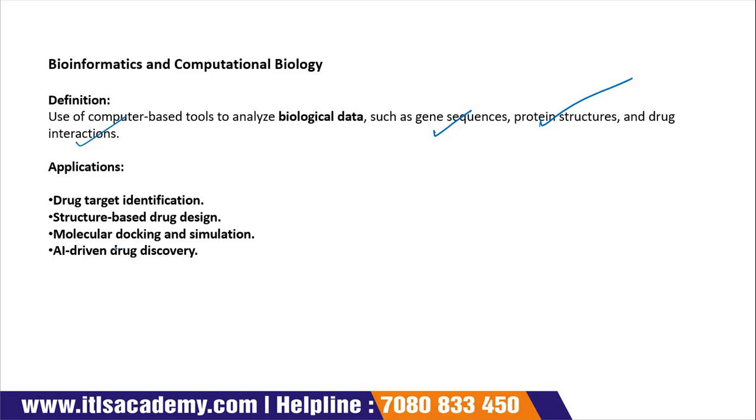Okay, like for drug target identification, we use software like Swiss Target Prediction. For structure-based drug designing, we use software and web tools like CB-Dock, ClusPro, HeadDock, PatchDock, etc. For molecular docking and simulation, we use AutoDock Vina, iMODS, GROMACS, Amber, etc.